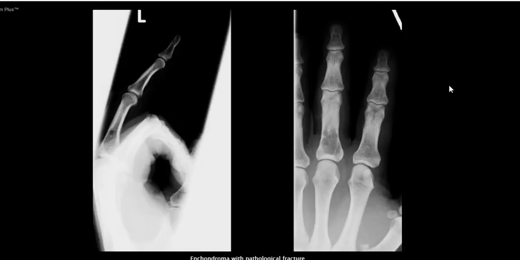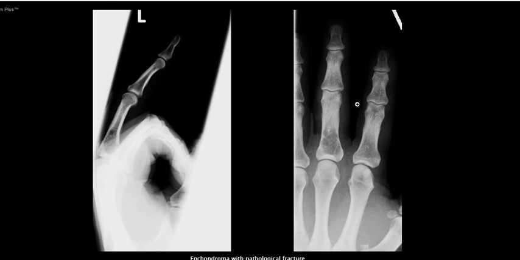Lastly, we're going to touch on the lytic lesions of the phalanx. Here's an enchondroma with a pathological fracture extending through the proximal phalanx. It is usually asymptomatic and usually an incidental finding, but they can fracture.